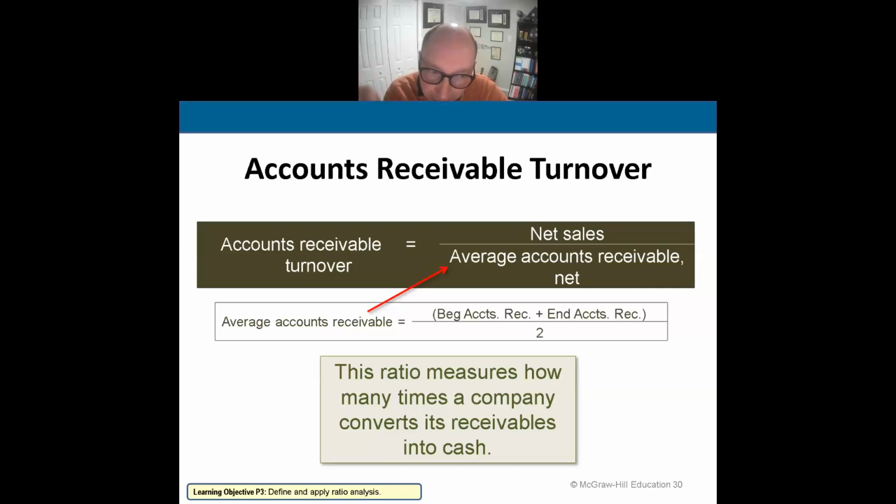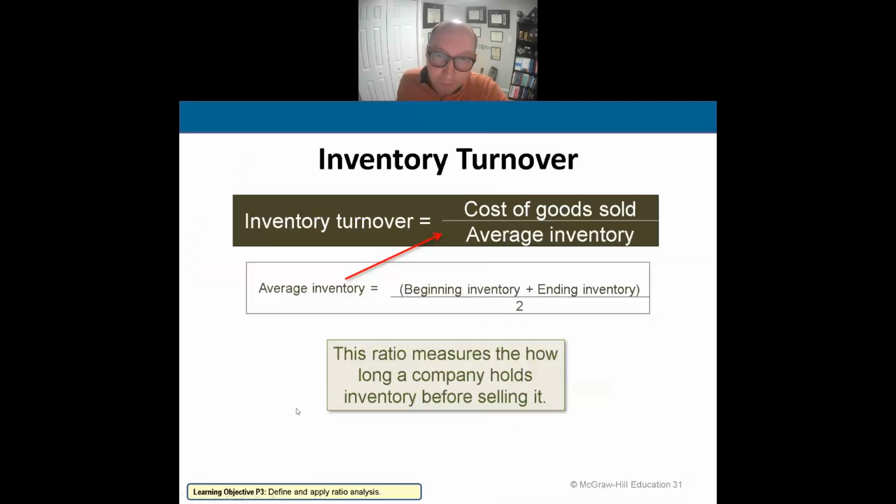So we take average accounts receivable, beginning balance receivables plus ending balance receivables divided by 2. So net sales or net revenue divided by average accounts receivable gives us the accounts receivable turnover, how quickly I can convert my accounts receivable into cash.